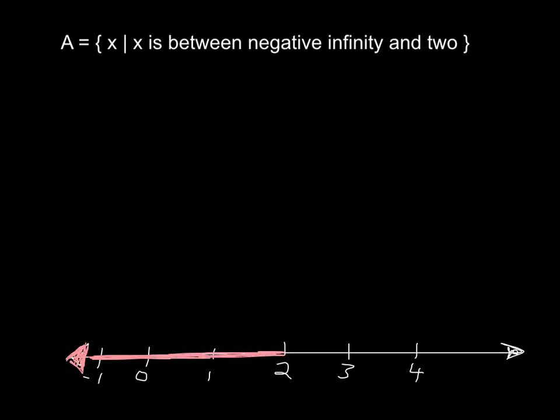But here's a word we haven't seen before, between. Between does not include. So if I'm between two walls, then I'm not in the wall. So we know that it's going to be less than 2 and not including 2. So we can put a round parenthesis on 2.